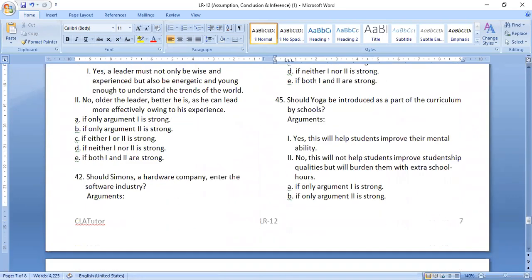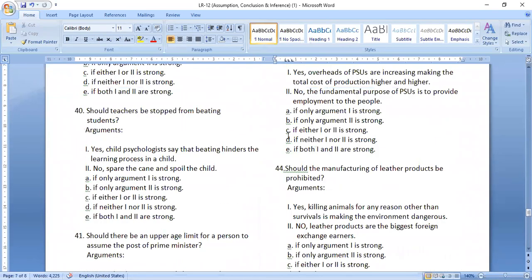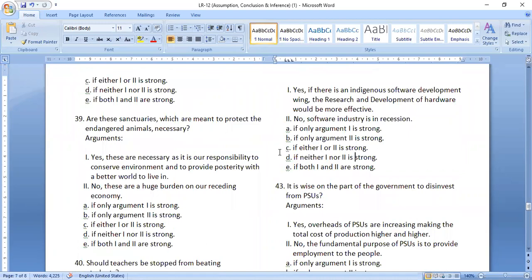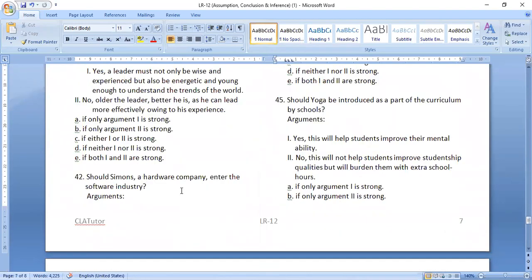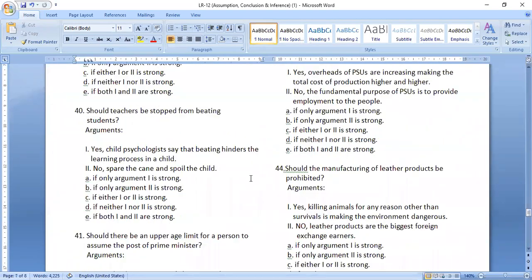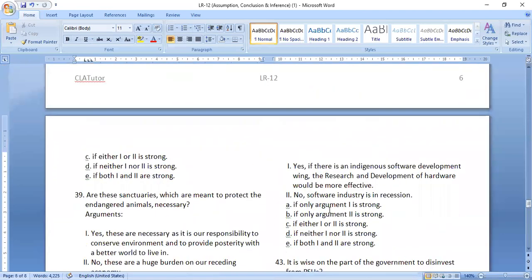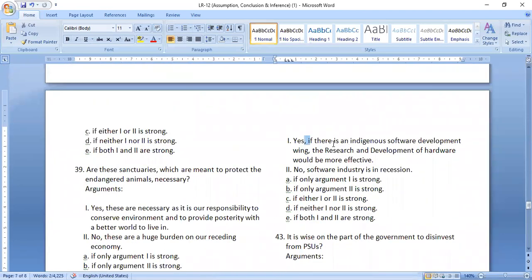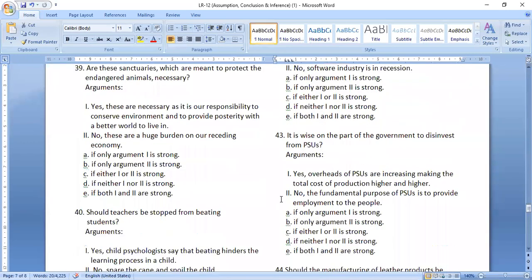The fact that the industry is in recession doesn't weaken the argument. I have a hardware wing, and suppose this is true: there is an indigenous software development wing, then the research and development of hardware would be more effective. So I think only one is right.